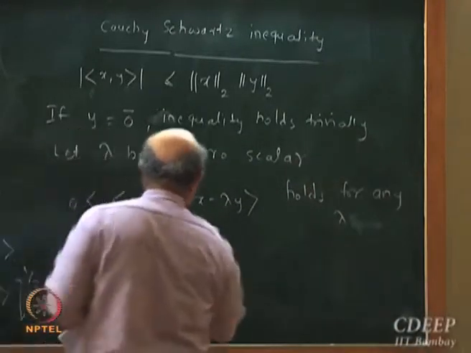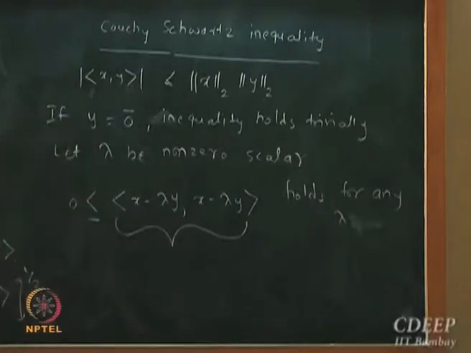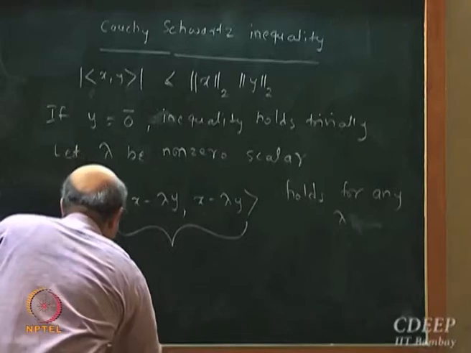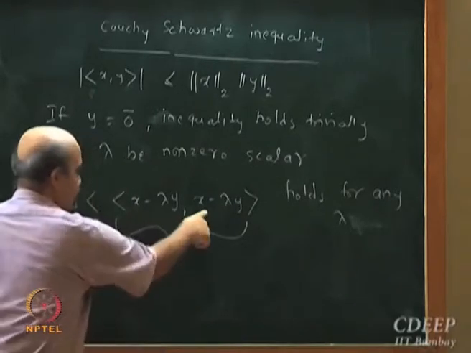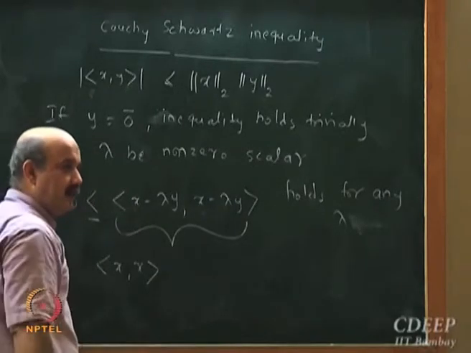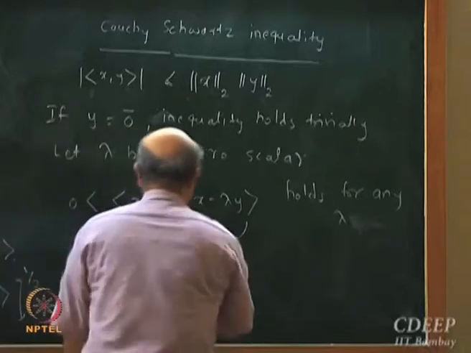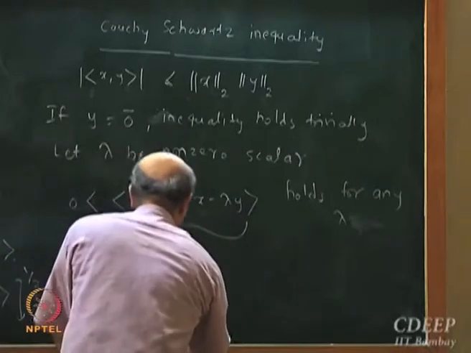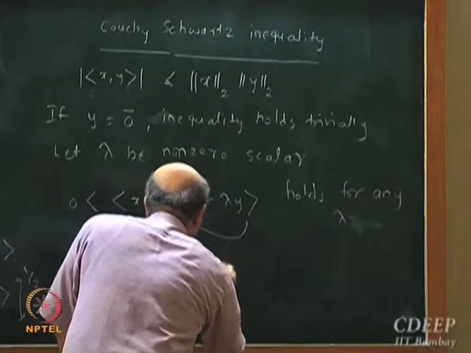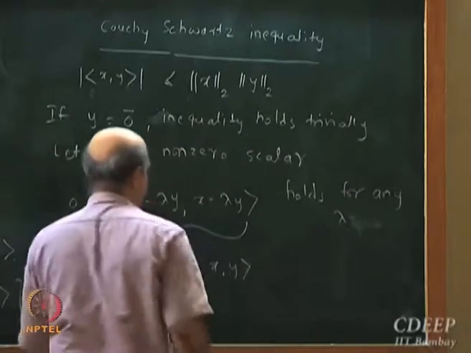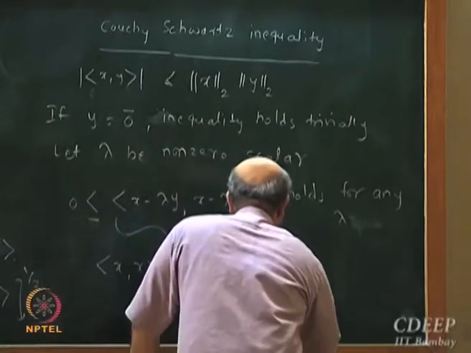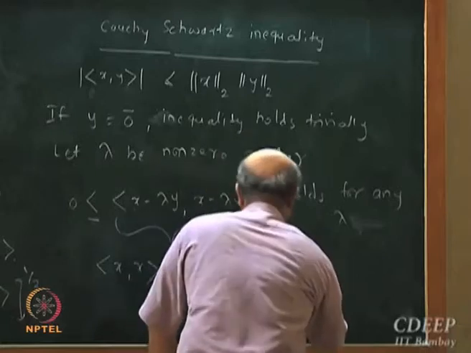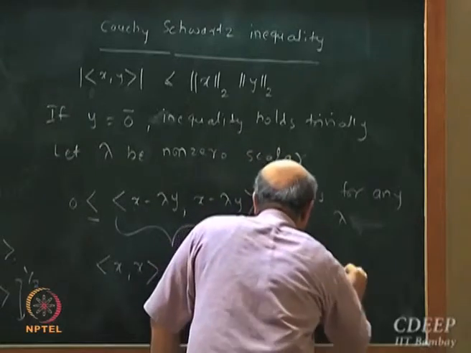So what is this quantity on the left hand side? Can you expand this? So this will be x inner product x. I am taking first with first, then x inner product lambda y, minus lambda bar y inner product x.